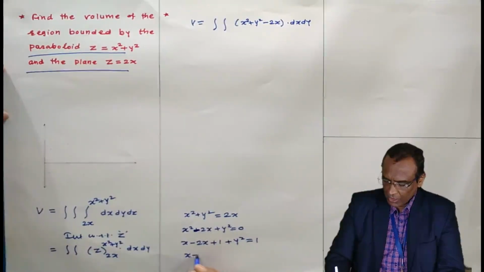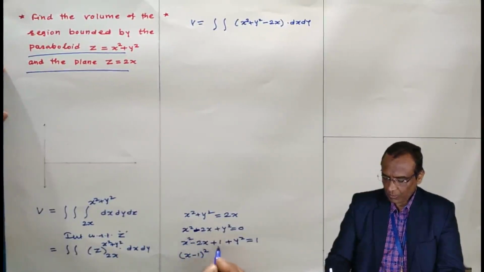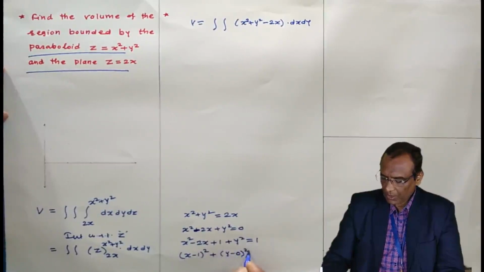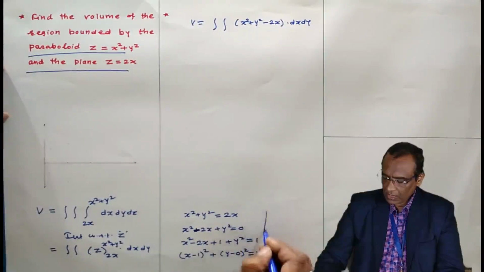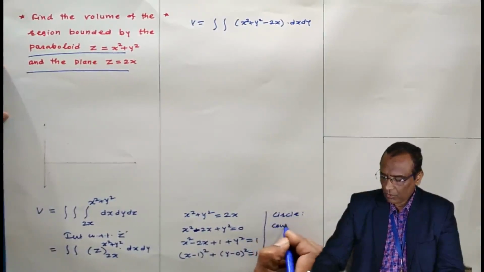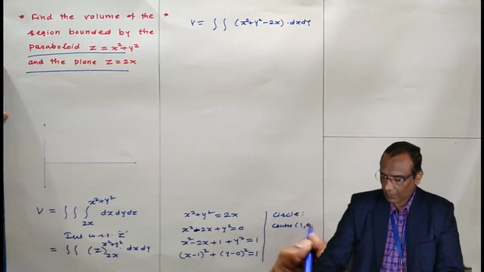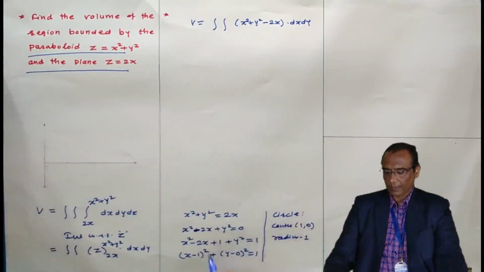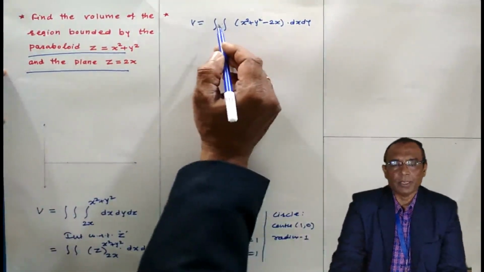Then (x minus 1) whole square, since x square minus 2x plus 1 can be written like this, and y square can be written as (y minus 0) whole square. This is a circle with center (1, 0) and radius 1. It means on this circle we are evaluating this double integral.